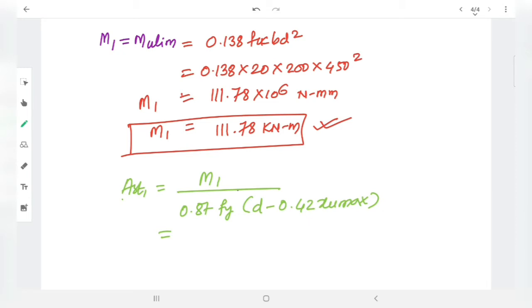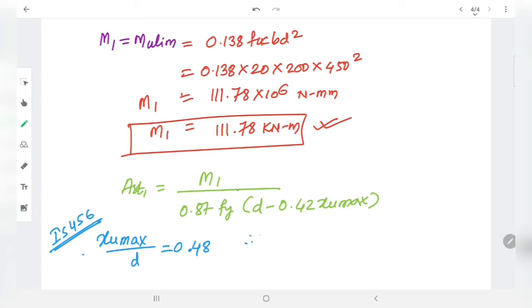Before finding AST1, you need to find xu max. Here xu max by d is equal to 0.48. This value is there in IS 456, maybe on page number 70 or so. You just check it once.